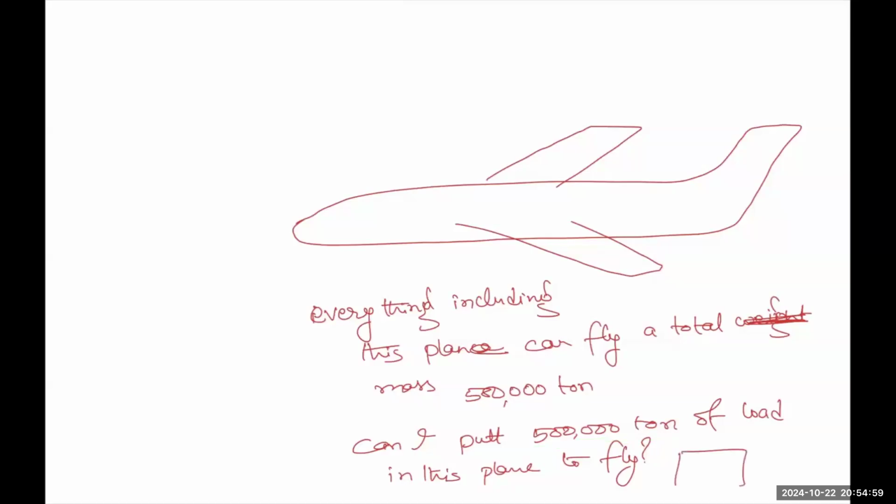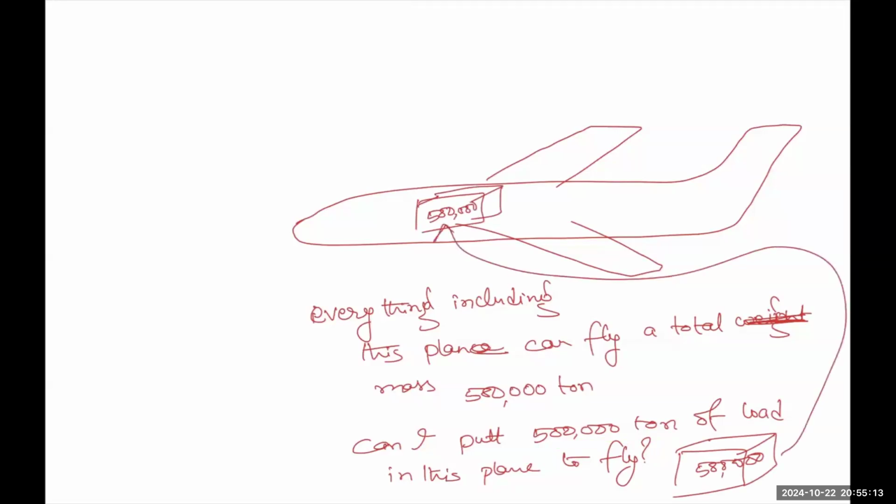And then I have this cargo with 500,000 ton. Can I put this inside this plane? No, because you're saying including the plane, it can fly at 500,000, right? So you can't add 500,000 to the plane's load. So no matter what, I cannot have 500,000 of load.